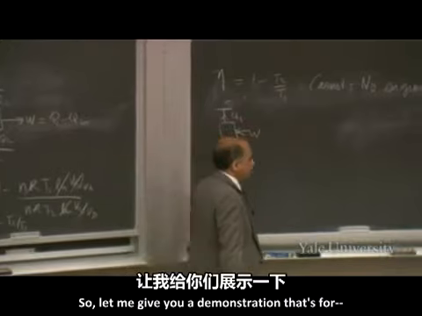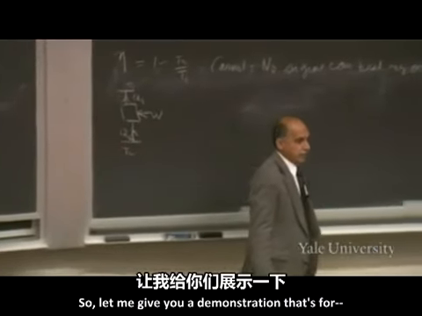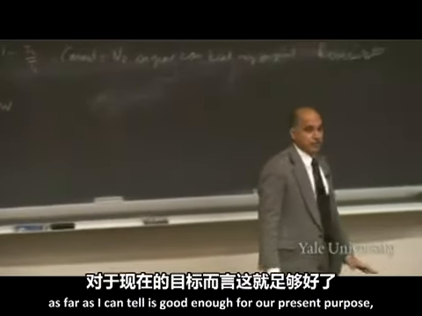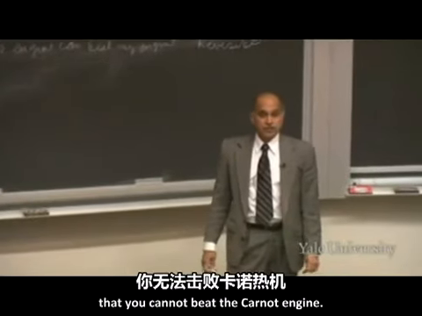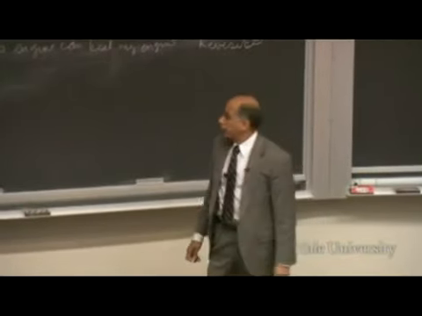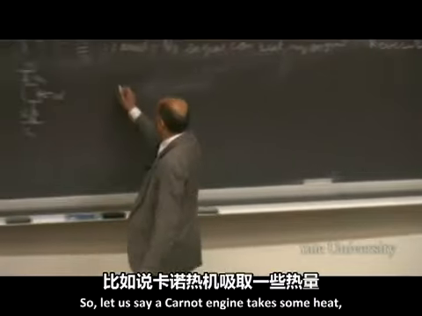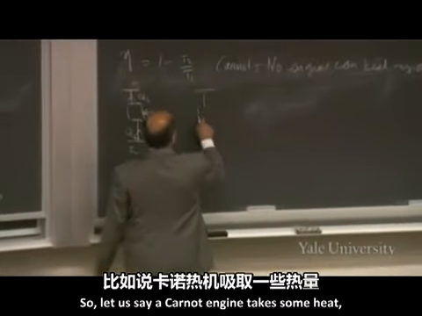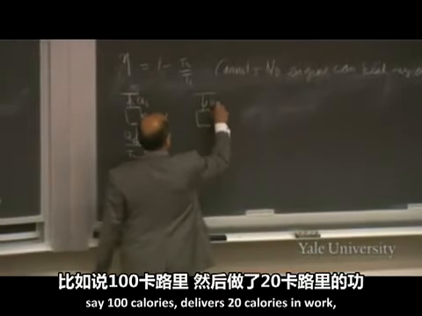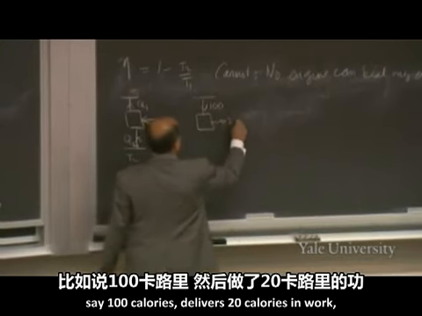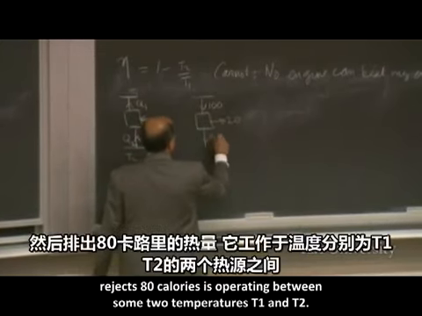So let me give you a demonstration that, as far as I can tell, is good enough for our present purpose, that you cannot beat the Carnot engine. So let us say a Carnot engine takes some heat, say 100 calories, delivers 20 calories in work, rejects 80 calories.